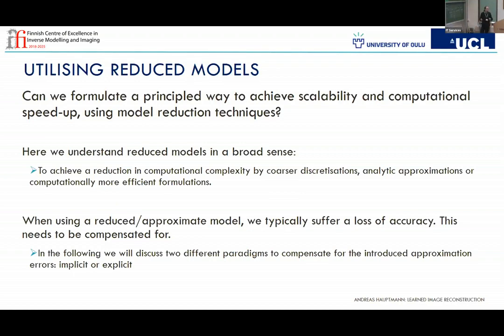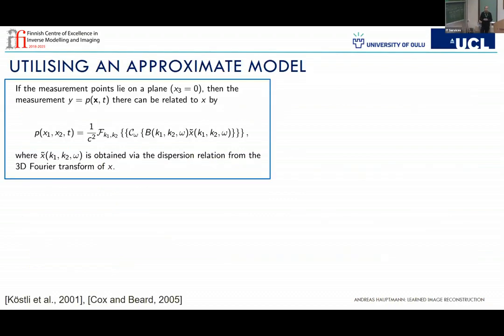But let me just shortly talk about the approximate model so you get a bit of an idea. We have one benefit of working on the plane: if we have a planar sensor, we can use such a relation between X, our input, and this Fourier transformed input.